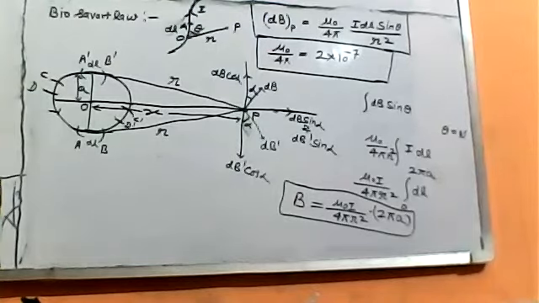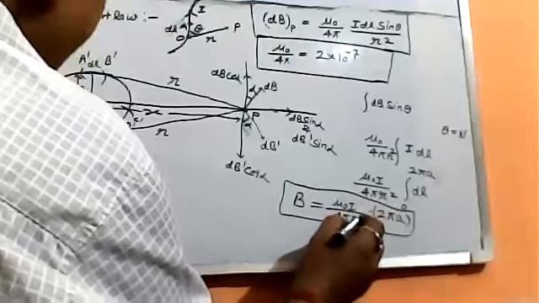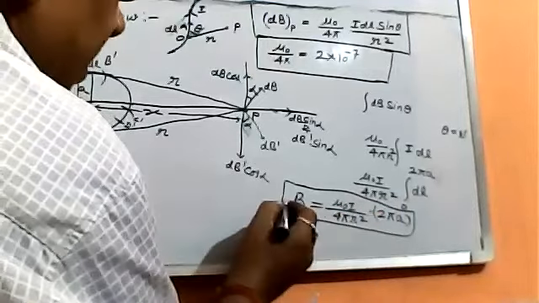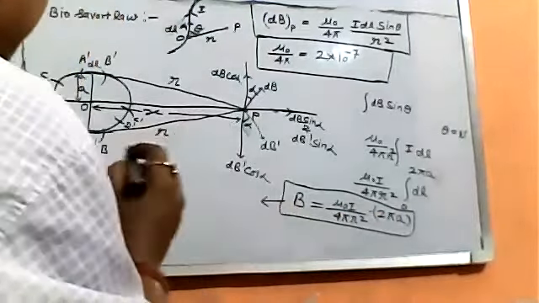Clear? Yes, sir. And now you can put the value of r square. What is the value of r square? Can you tell me from the diagram? In right angle triangle OPS, a square plus x square equal to r square.